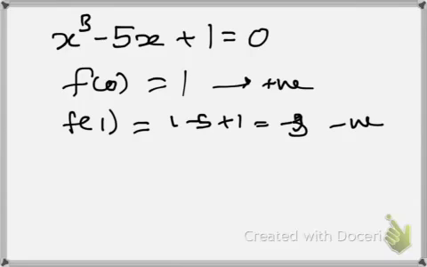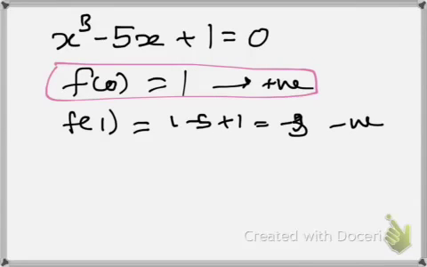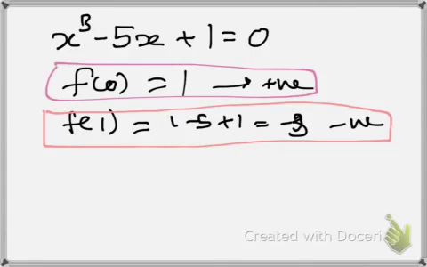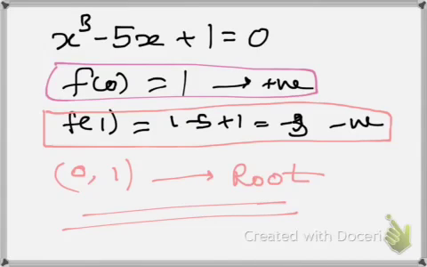Now, f of 0 is positive and f of 1 is negative, and according to the method of bisection, one root for this equation f of x is equal to 0 has to lie in the interval 0 comma 1. There lies a root for this equation.